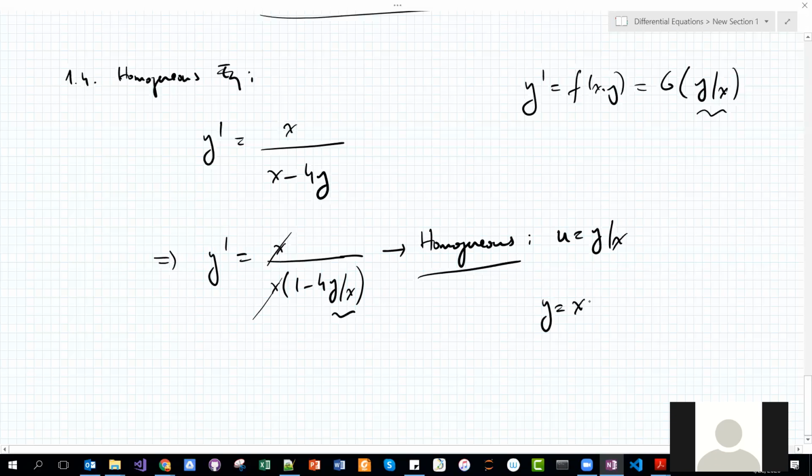So y is equal to xu here. Since I need the y prime here, I need to figure out what the y prime is going to be. y prime is equal to u plus xu prime. So I'm going to substitute the y prime on the left-hand side, u plus xu prime equals 1 over 1 minus 4u.